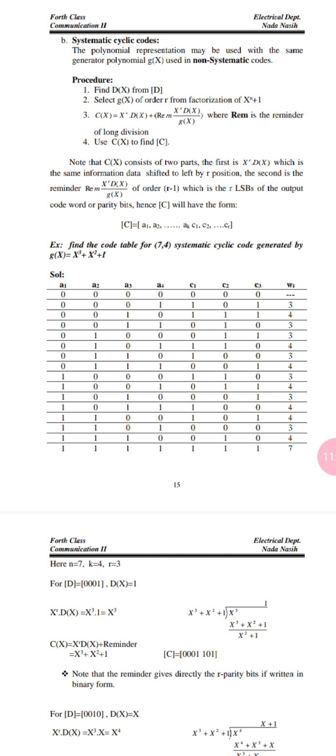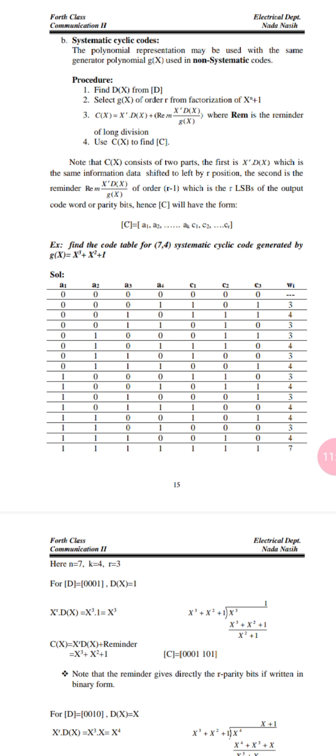The procedure: the first step is to find d of x from D. Then select g of x of order r from the factorization of x raised to n plus 1. Third step: c of x equals x raised to r times d of x plus rem of x raised to r d of x upon g of x, where rem is the remainder of long division. Clear? And the fourth step, use c of x to find c.